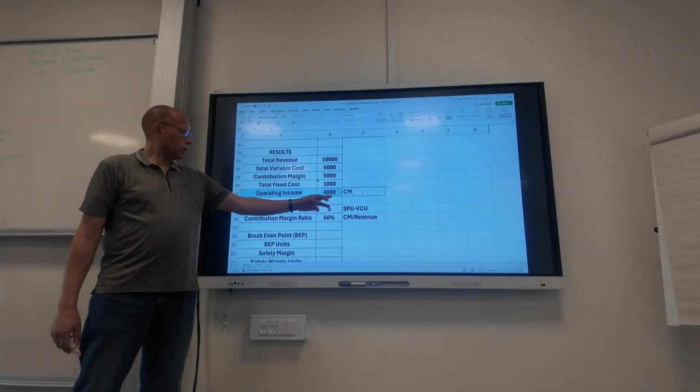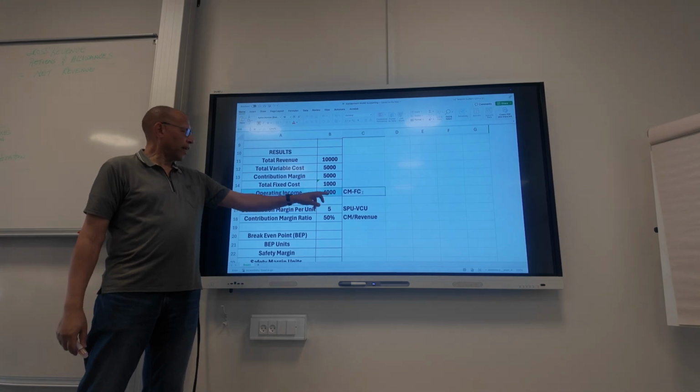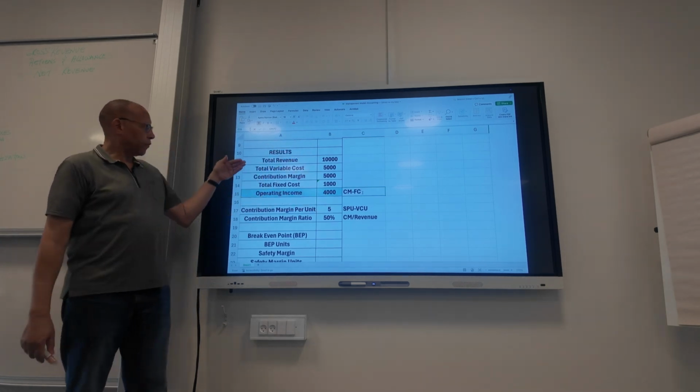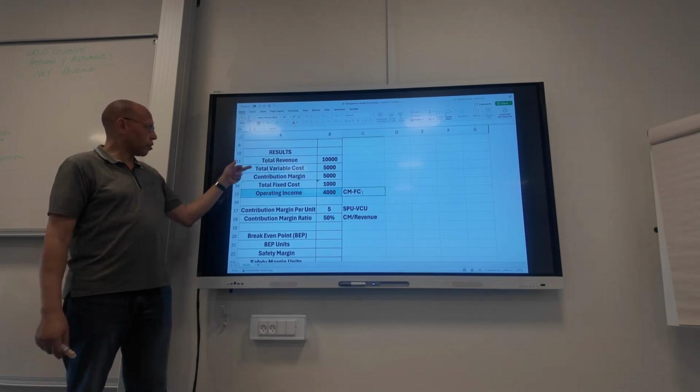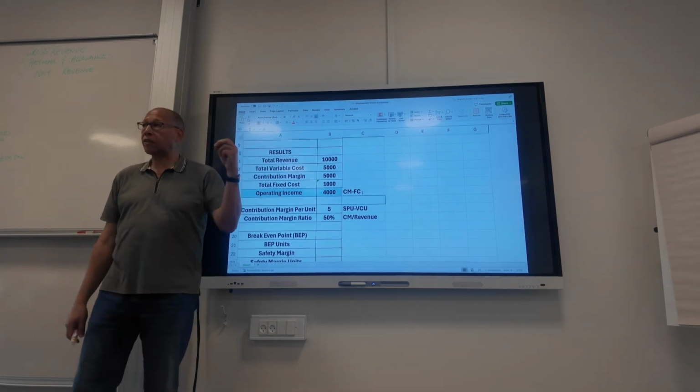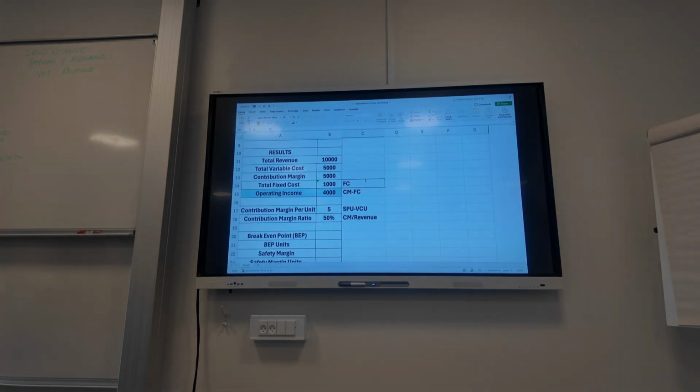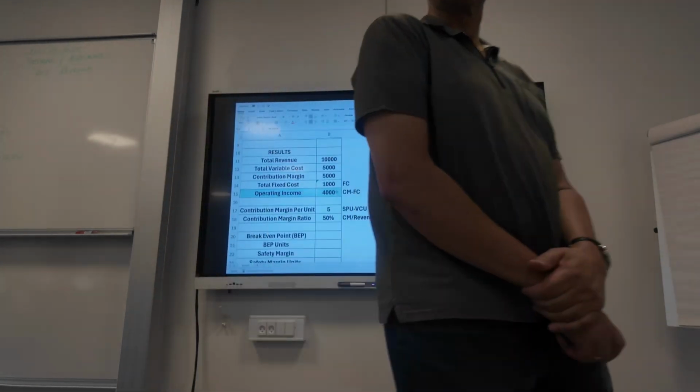Operating income is revenue minus total variable cost plus total fixed cost. That formula is right, but it's not coming 4,000.